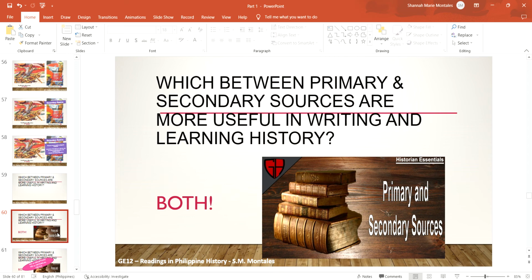Actually, we give equal recognition and importance to both primary and secondary sources. Since secondary sources are based on primary sources, they are still regarded as essential and useful materials in writing and learning history.